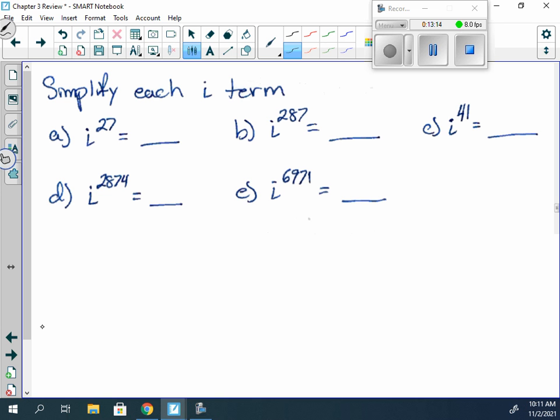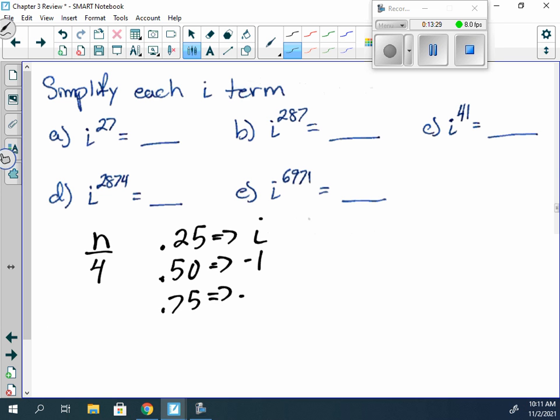The other way to do it is take the power and divide by 4, because if we get 0.25, it reduces to i. If we get 0.50, it reduces to negative 1. 0.75 is negative i, and you all remember what 0.00 is? 1.